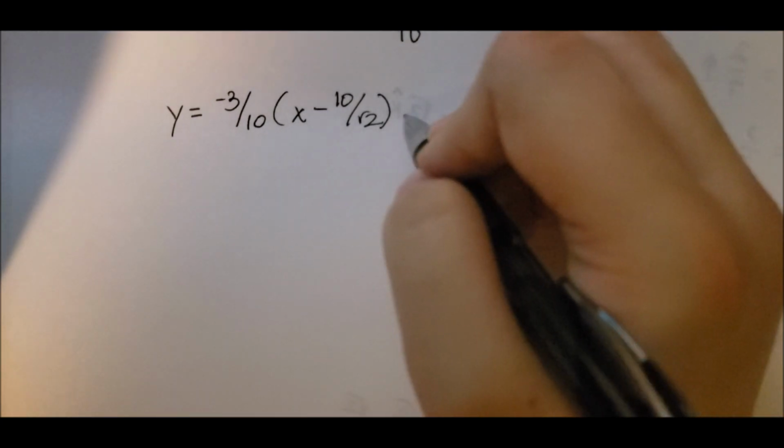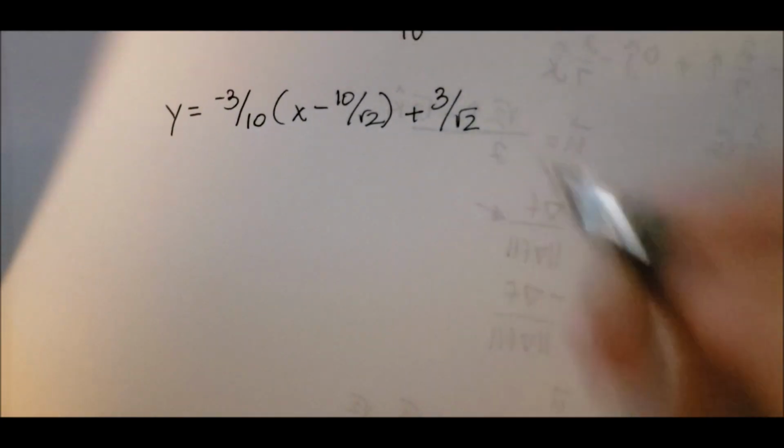So I have y is equal to negative 3/10 x minus 10 square root of 2 plus 3 square root of 2.